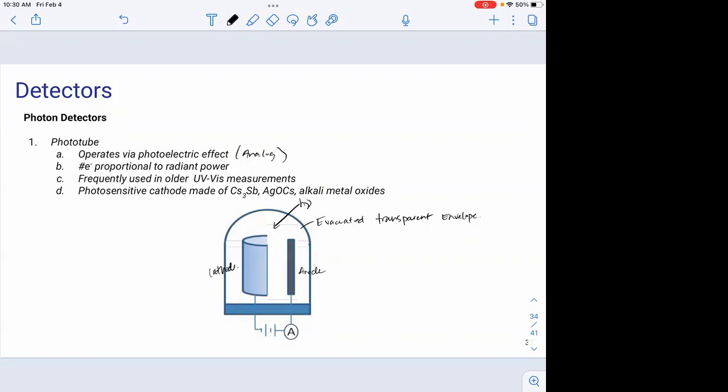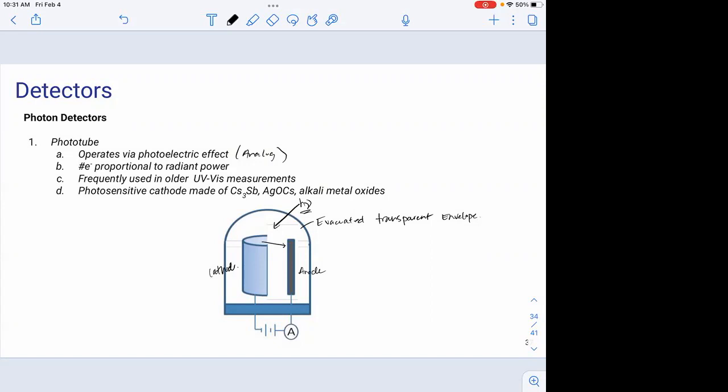So you have the incident photon hitting your cathode, and when that happens, an electron will be ejected and collected at the anode. That's the idea. The number of electrons ejected and collected at the anode is proportional to the radiant power of that incoming radiation.